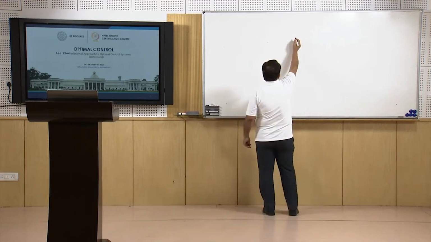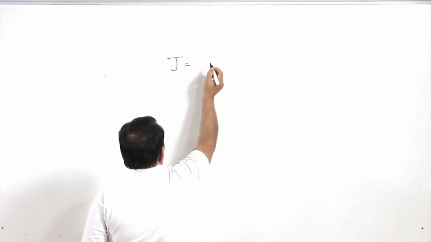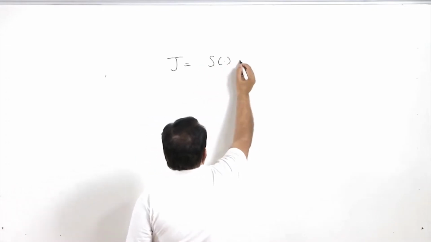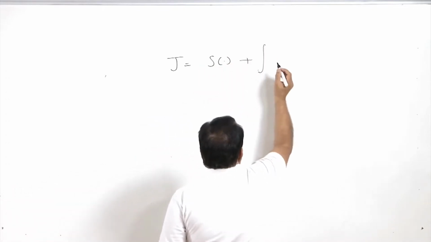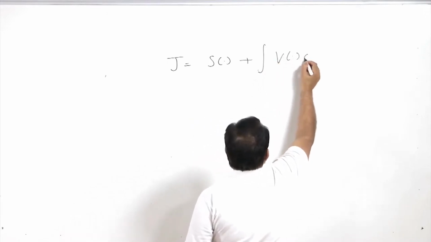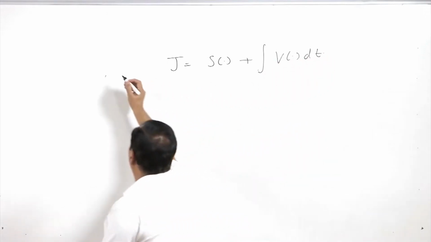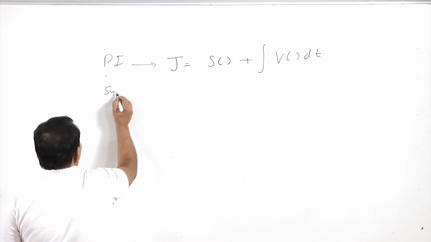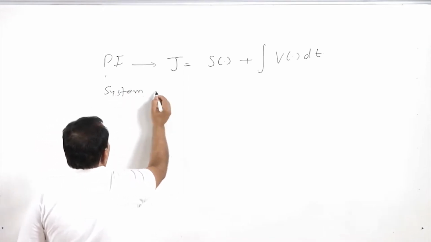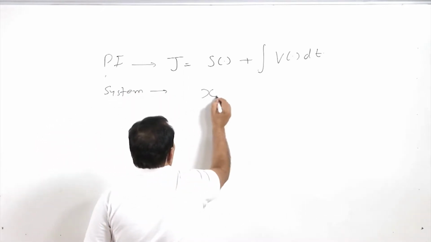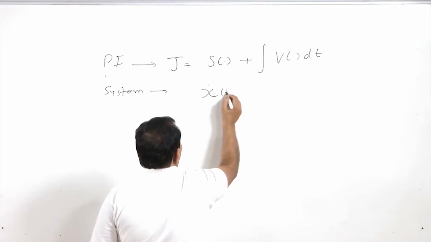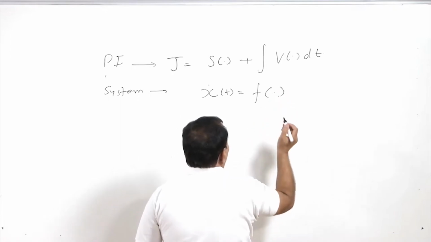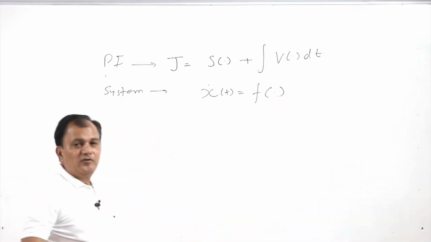From my J, which we have defined as the terminal cost plus integral of v dt, this was my performance index, and my system was x dot t equal to f, which is f of x, u, t.